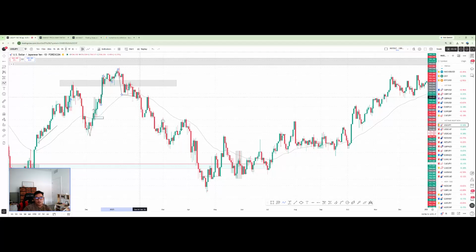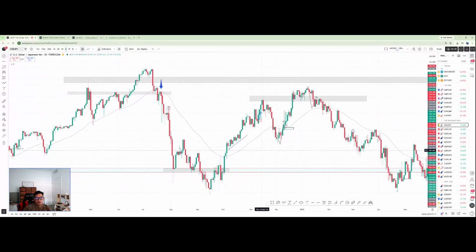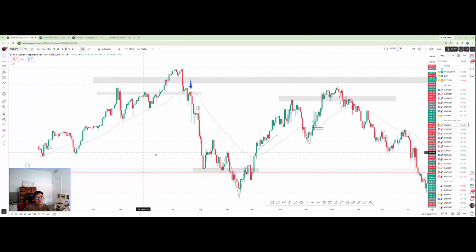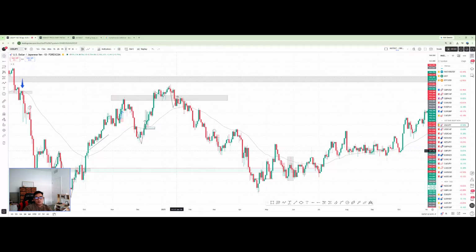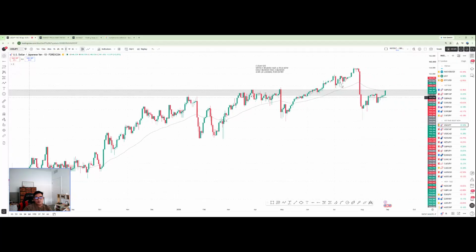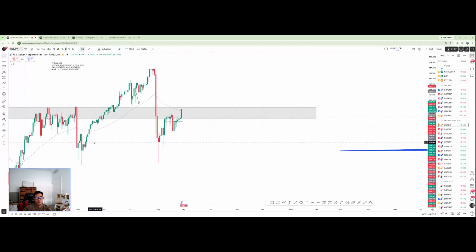We have a break. Are we rejecting here? Yes. Good example too as well. Here, your bearish trend, lower low. Are we rejecting here? Do we have a daily closure? Which is yes. Right.